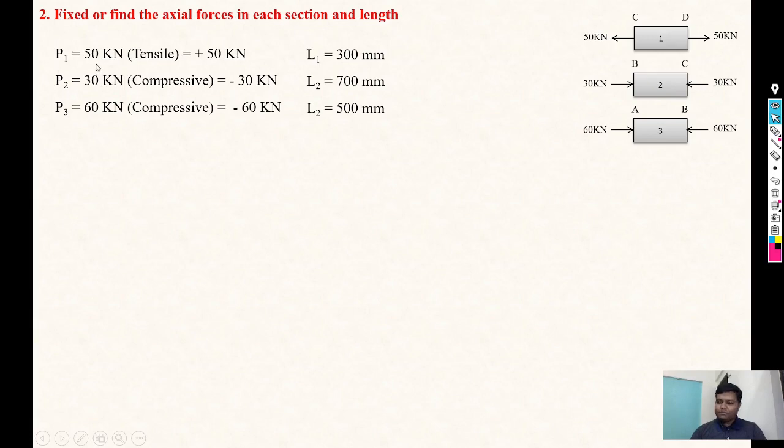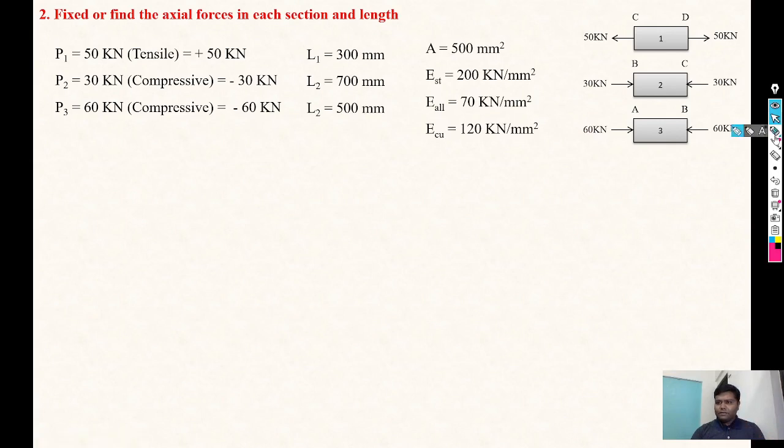So P1 is positive 50, P2 is compressive, minus 30, and P3 is compressive, minus 60. L1, L2, L3 are already given. Steel is the first section, aluminum the second section, and copper the third section.